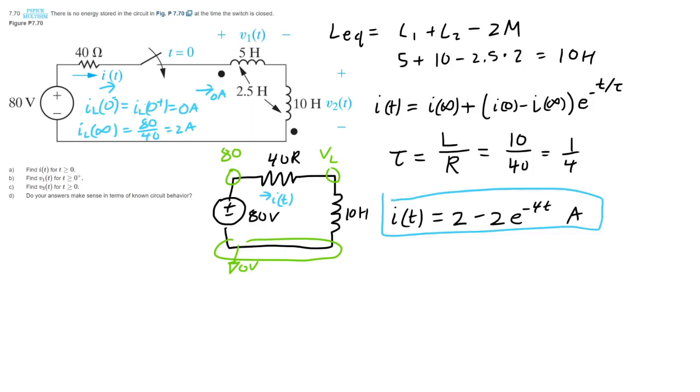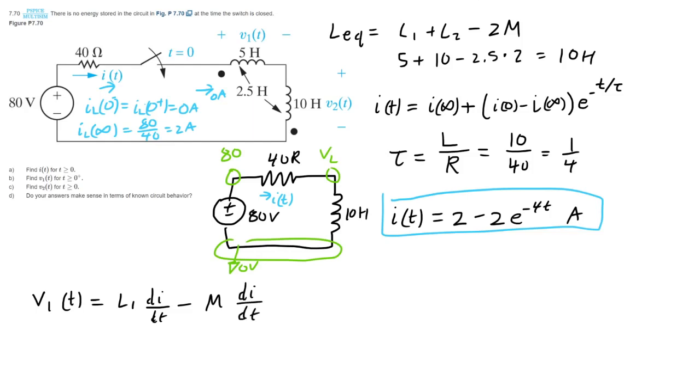And now we're going to be able to find V1 and V2 using that current. So V1(t) is going to be our first inductance, L1 di/dt, minus M di/dt.